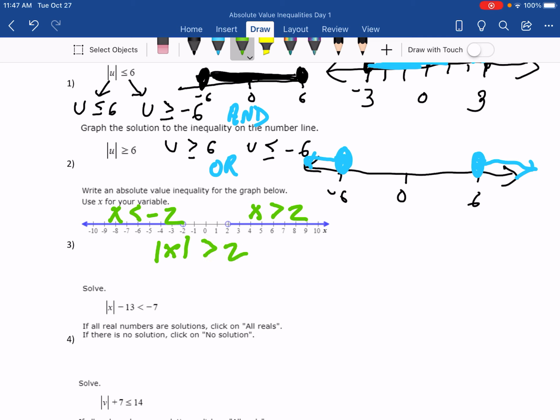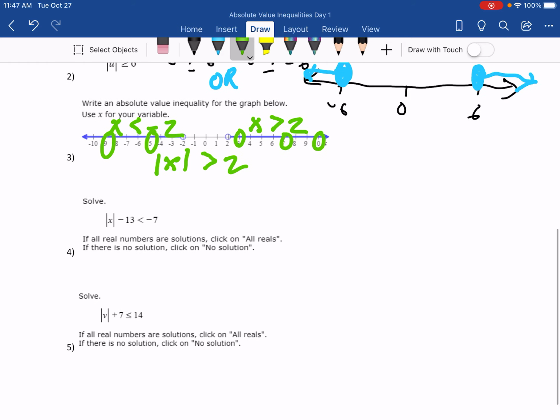On the right side, the absolute value of 3 is greater than 2, absolute value of 7, absolute value of 10. On the left side, the absolute value of -5 is greater than 2, the absolute value of -9 is also greater than 2. So your answer there is absolute value of x greater than 2.